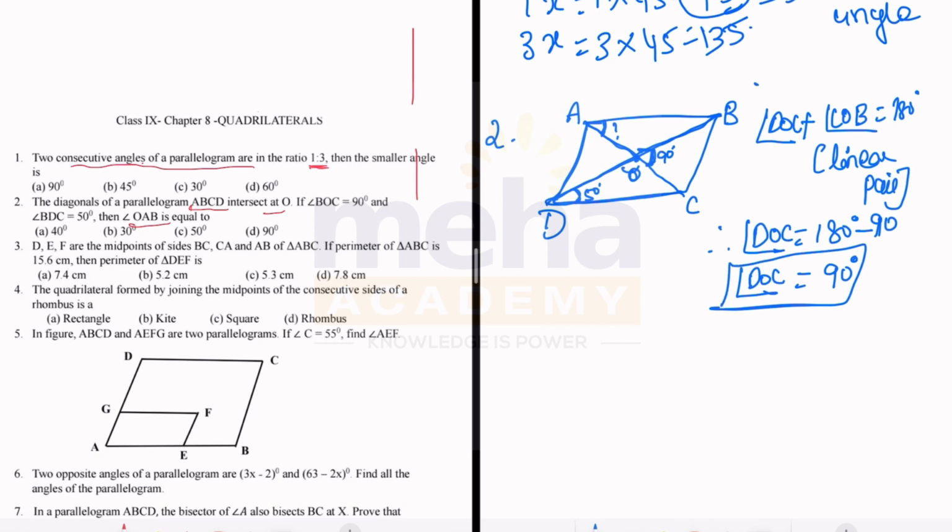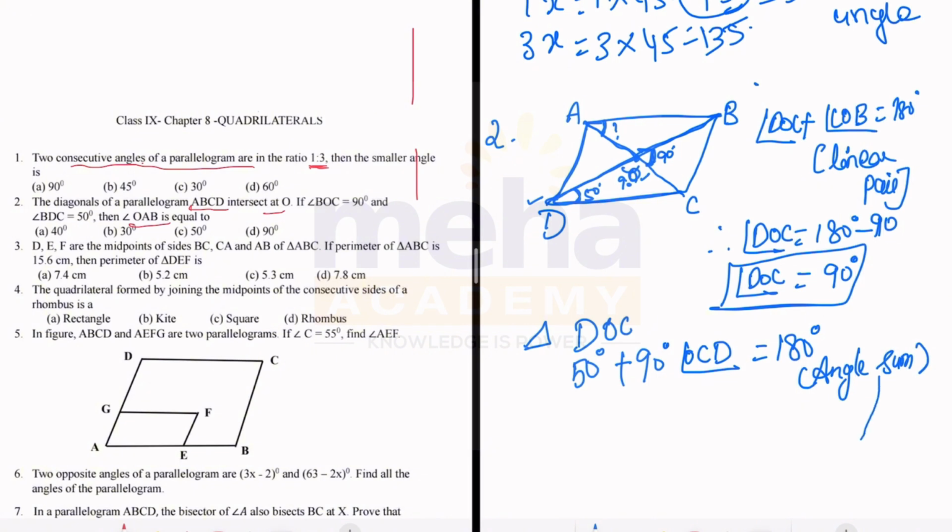We found this angle DOC as 90 degree. Then look at triangle DOC. We know angle CDO, we know angle DOC. So this 50 degree plus 90 degree plus angle OCD gives us the 180 degree. This is the angle sum.